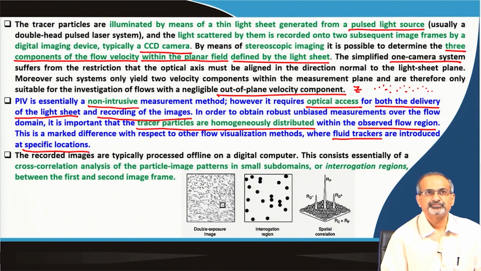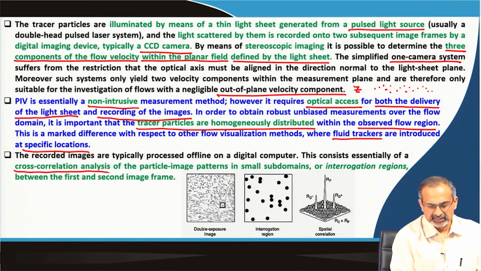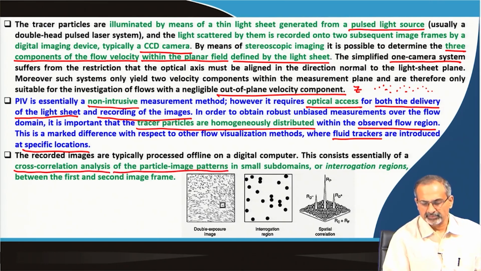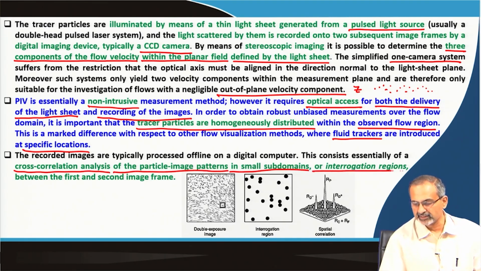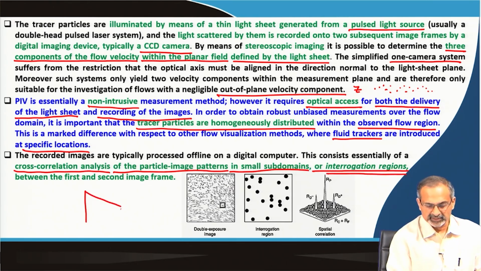The recorded images are typically processed offline on a digital computer, and this consists essentially of a cross correlation analysis of the particle image patterns in small subdomains or interrogation regions, which we talked about. If you remember, the camera image had a small region that was an interrogation region.